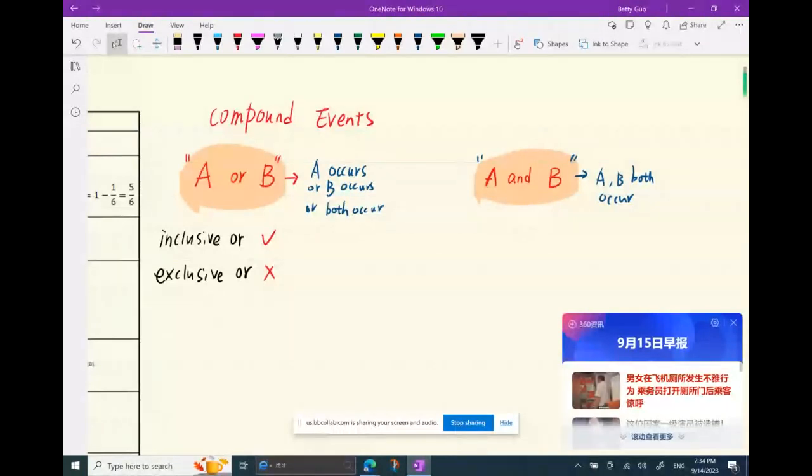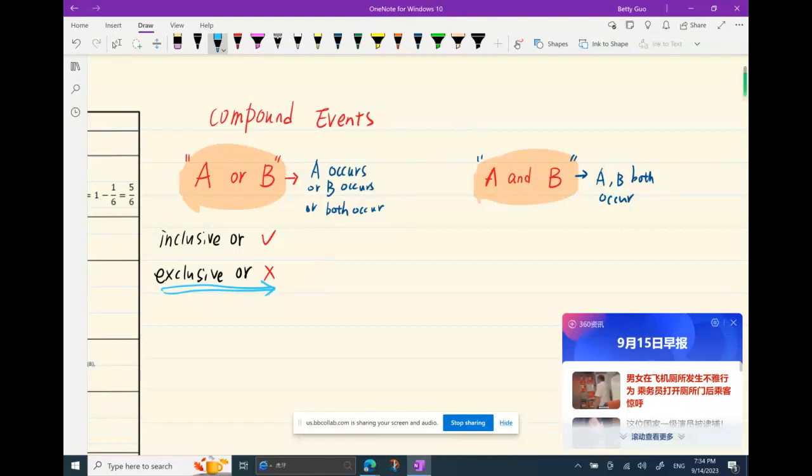Let's look at A or B, the logic connective OR. OR here is inclusive or, not exclusive or. I can give you an example of exclusive or. Let's say you go to a restaurant and the waiter tells you that if you order this special meal today, you will get a free salad or a cup of soup for free.